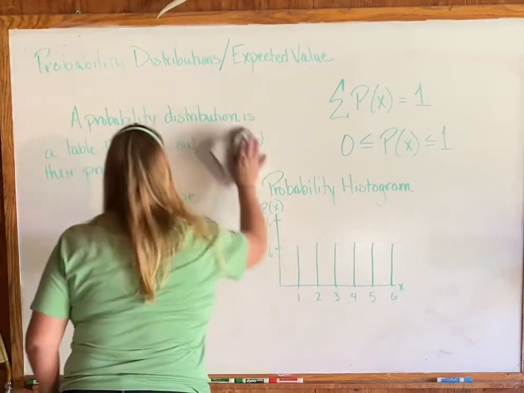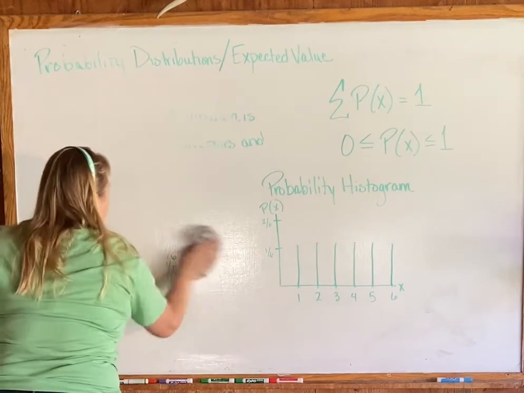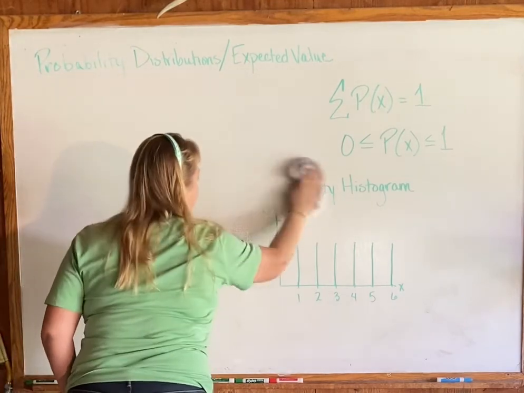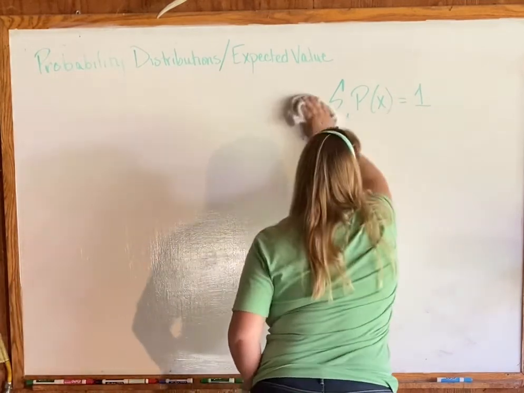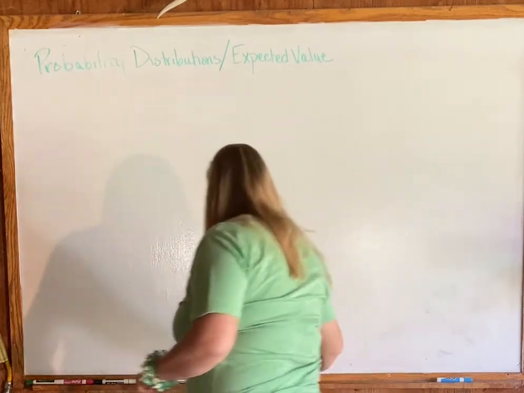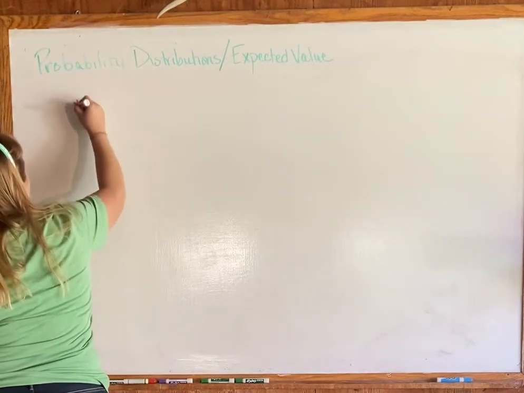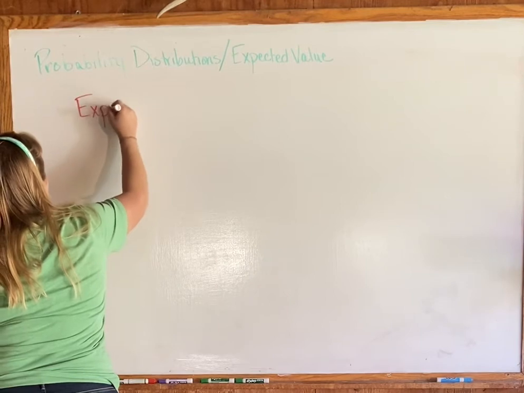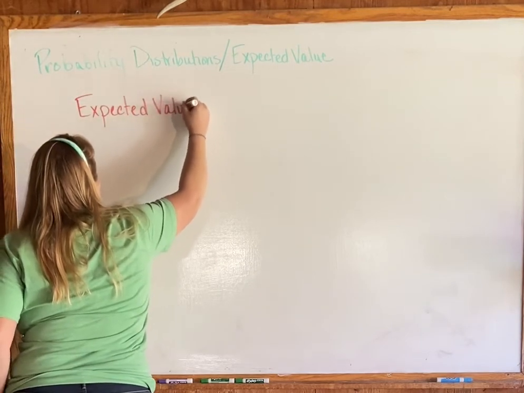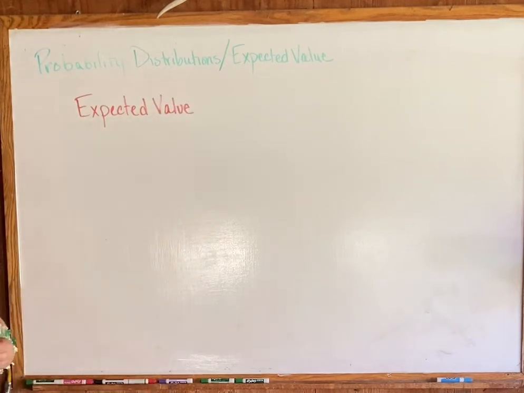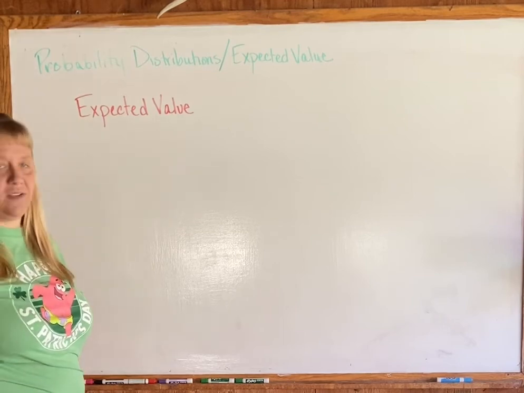So, let's look at expected value. Expected value is, I know it sounds dumb, the value that we are expecting, but when we take probabilities into account.